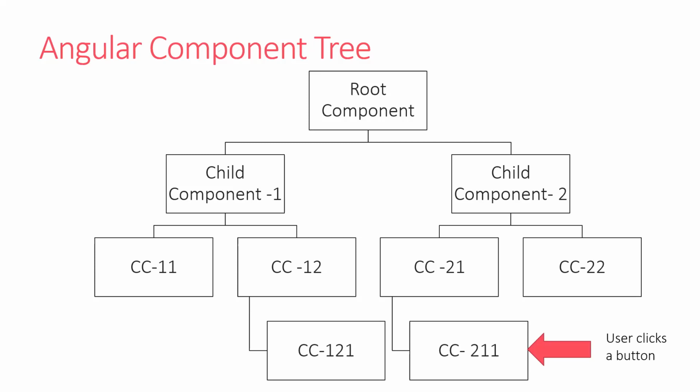As you see, the user clicks the button. Now what happens? Angular starts running the change detector from the parent component. This is very important, and you really need to understand that.